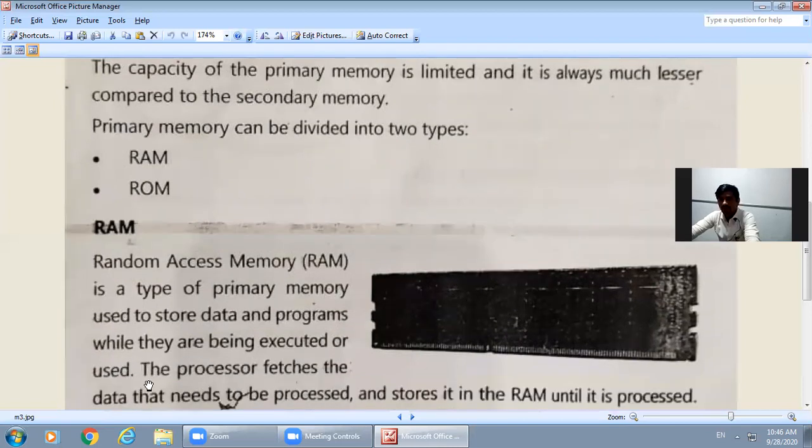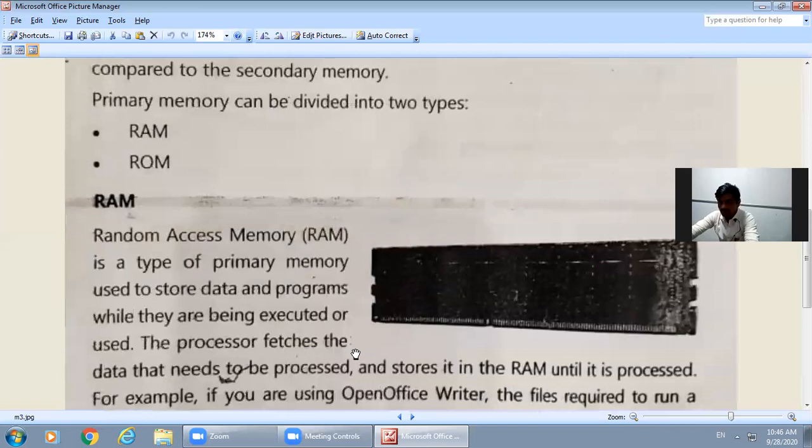When your computer is running, that time this RAM is working. The processor fetches the data that needs to be processed and stores it in the RAM until it is in process.